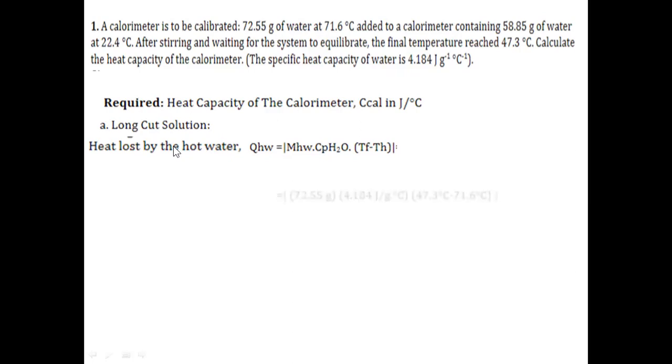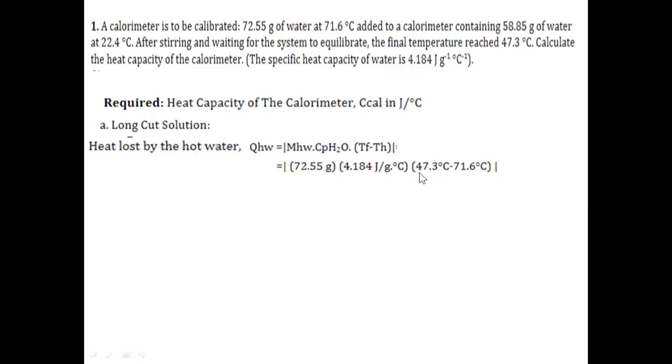So let's plug in the values. This gives us the absolute value of 72.55 grams of the hotter water multiplied with the heat capacity at 4.184 joule per gram degree Celsius. And let us multiply it with the change in temperature or the mixing temperature minus the initial temperature of the hot water.